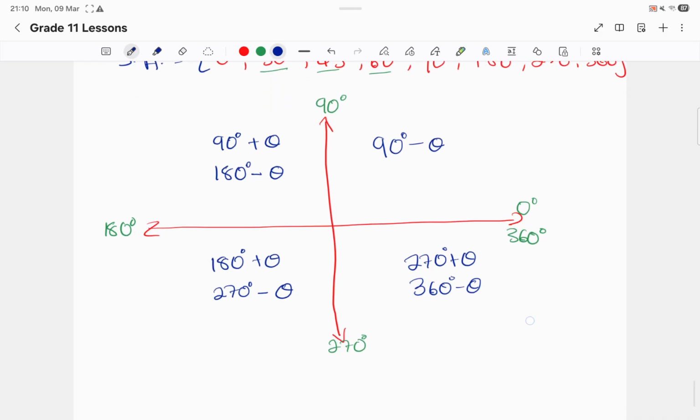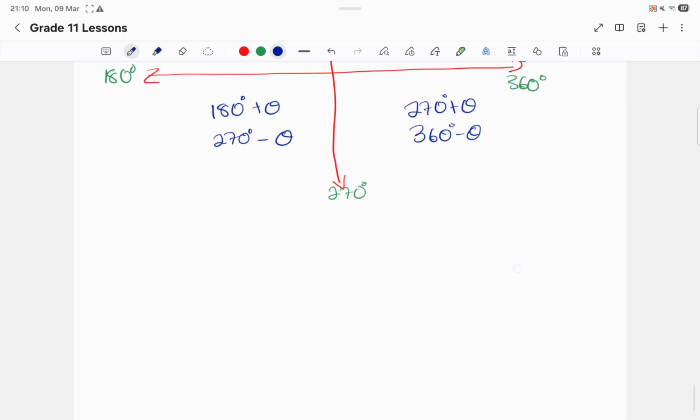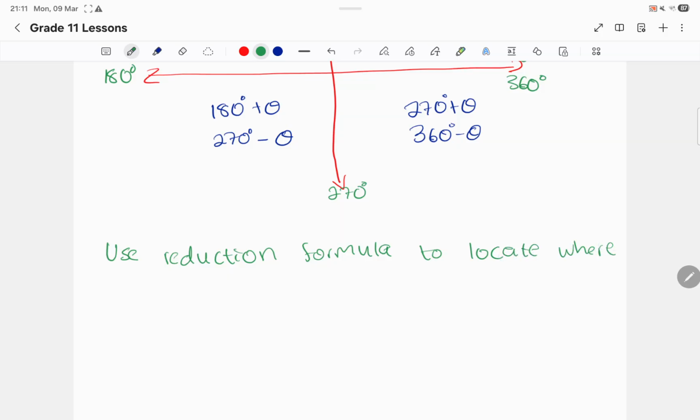For example, let's say we say, okay, use the reduction formula to locate where the angle theta is, right?